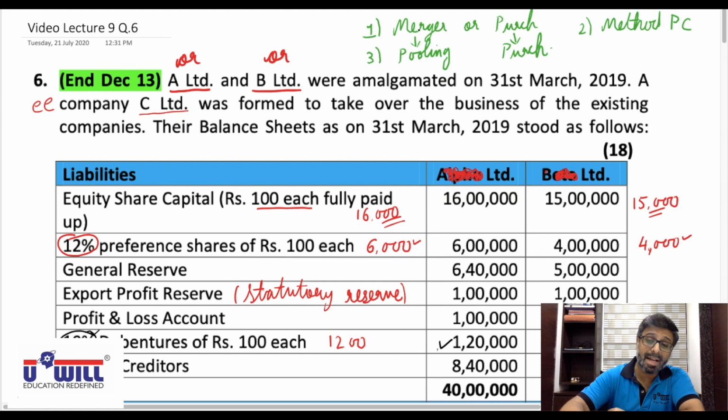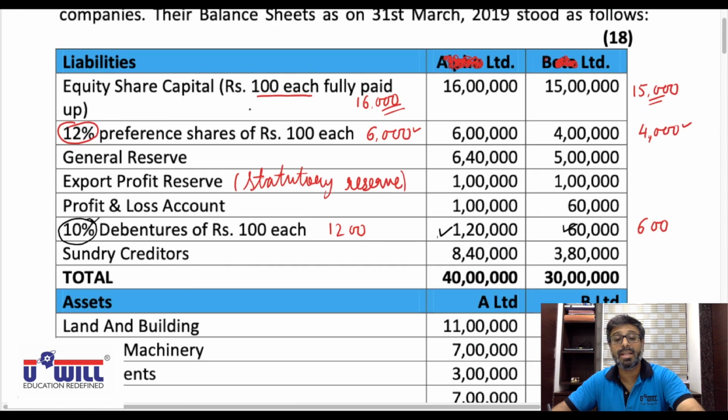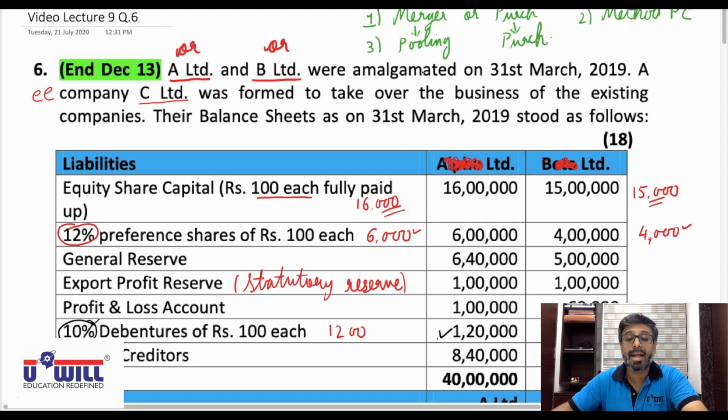Now, what are the 3 conditions of merger? Condition 1. All the assets and liabilities must be taken over. Now here when they say A Limited and B Limited were amalgamated, a new company C Limited was formed to take over the business. This we have done earlier also.